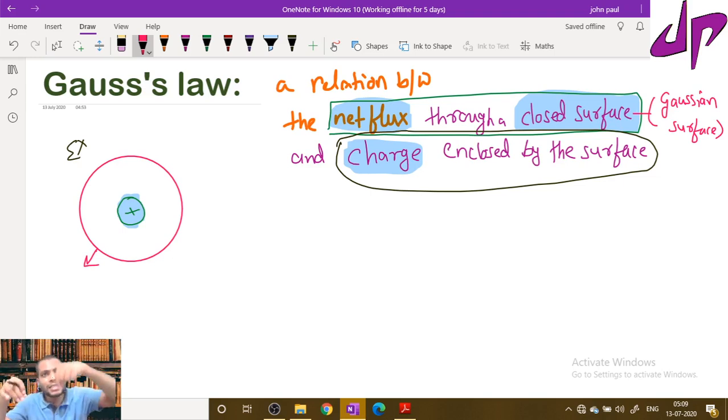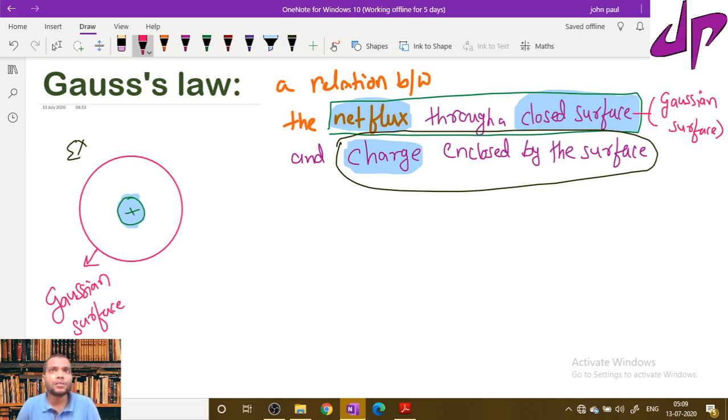Now the charge is in the middle of the balloon, enclosed by the balloon. The balloon is what we are calling the Gaussian surface.